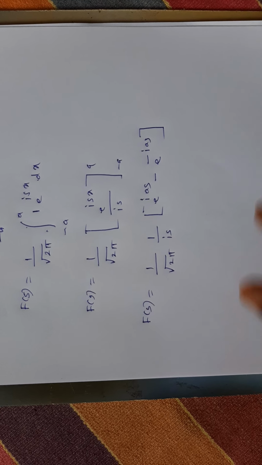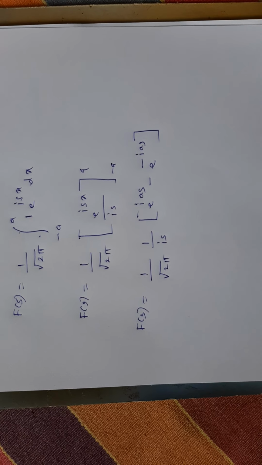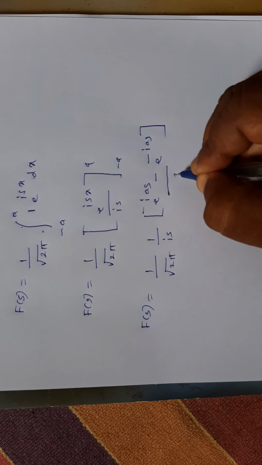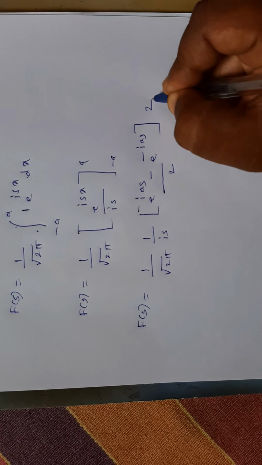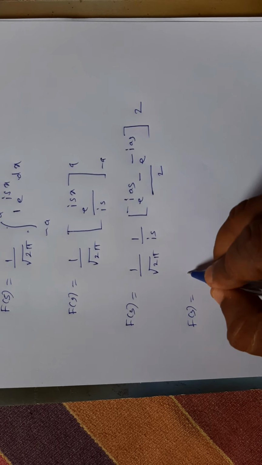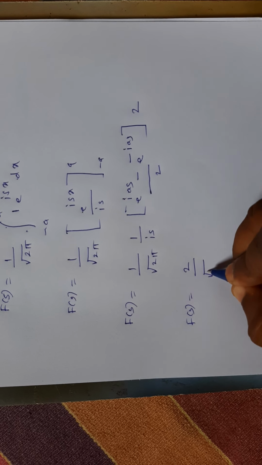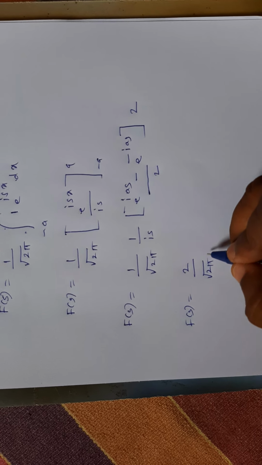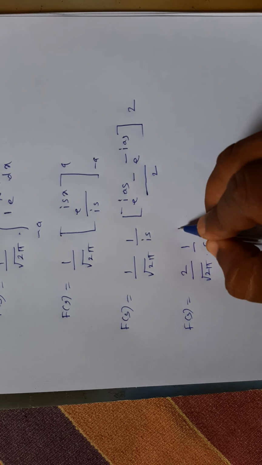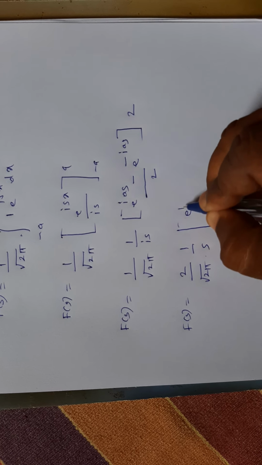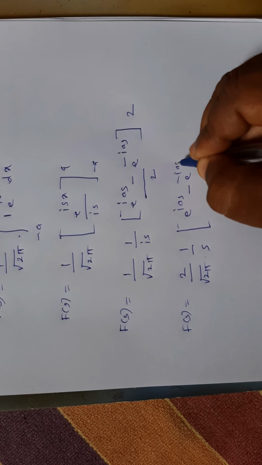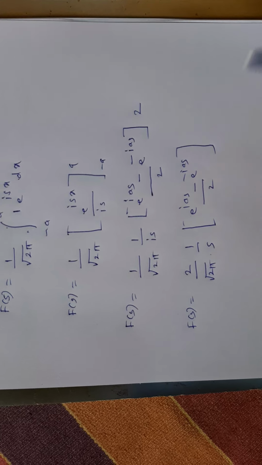Even we can simplify this one. So here I will multiply this by 2 and divide by 2. So F(s) is equal to 2 upon square root of 2 pi, I will write as it is, into 1 upon s, also I will write as it is. So here I will write (e^(ias) minus e^(-ias)) upon 2i.